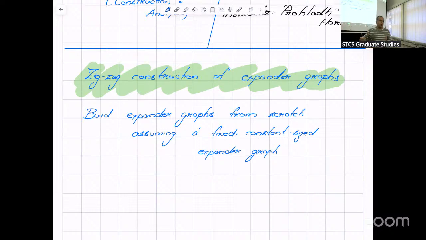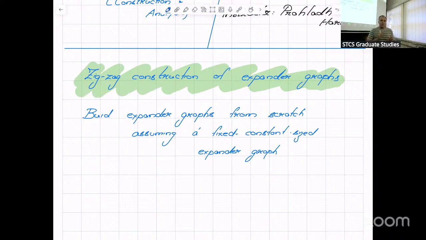The goal will be, we're going to fix a degree d and some eigenvalue lambda. As long as both of these are constant, we are fine with it. I don't care for the right Ramanujan graph, like lambda being 2 square root d minus 1 by d. That's not what we care for.